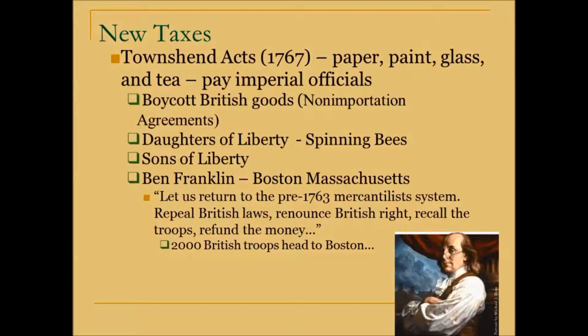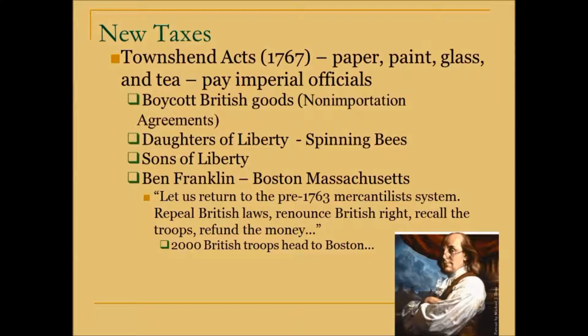And they kept watch on the ports. They published the names of people who were actually using British goods. It was basically you were outed and treated as a person that had committed treason almost if you bought British goods. And again, it was to the point where the British income was highly affected.